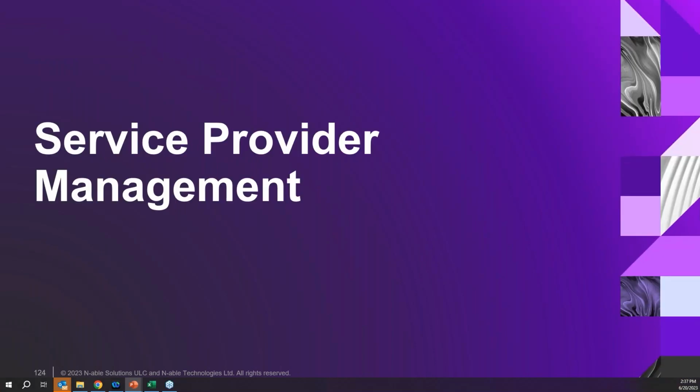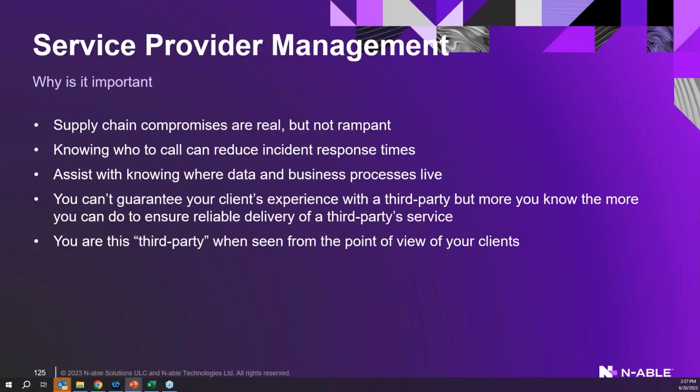So, service provider management, security controls here. Well, why is this important? Everybody knows supply chain compromises are real. They're one of the things that we really worry about in the MSP space. If you've got good security controls around it, though, you're going to be better prepared for an incident.